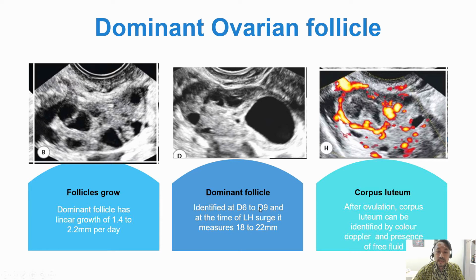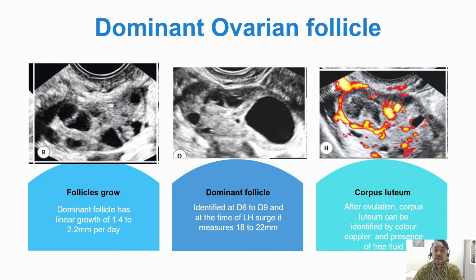From day 9, you can start to find the dominant follicle and then measure it and monitor it, because it will grow 1.4 to 2.2 millimeter per day, and by the time of the LH surge, the size of it will be 18 to 20 millimeter.